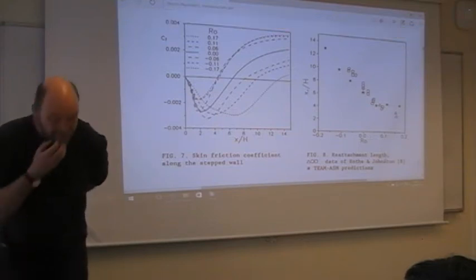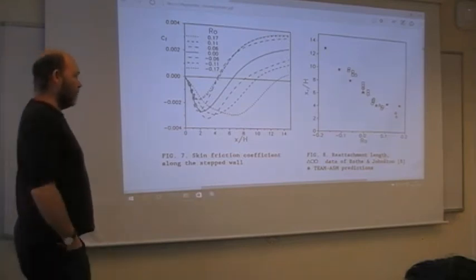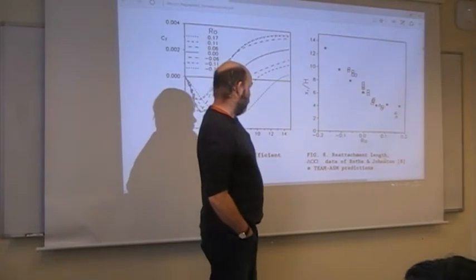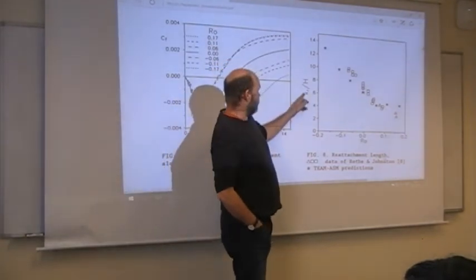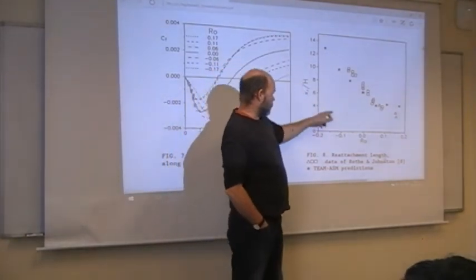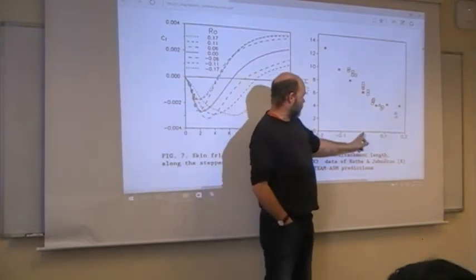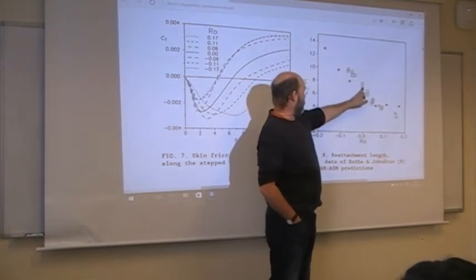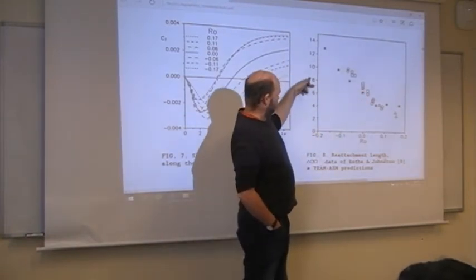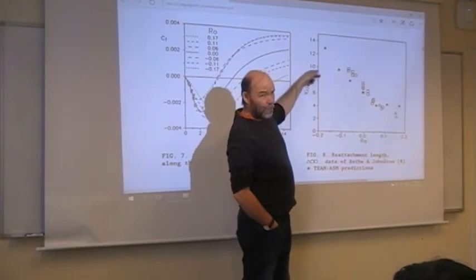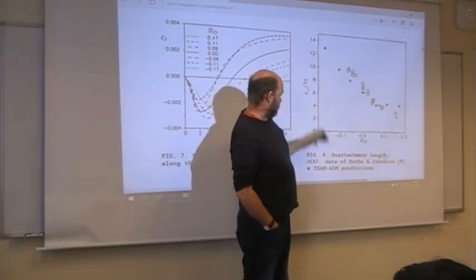Some data has been given here by Walter and Johnston, finding the reattachment length as a function of the rotation number. With zero rotation, you should be around 7. With negative rotation, more and more laminar, it becomes longer and longer.